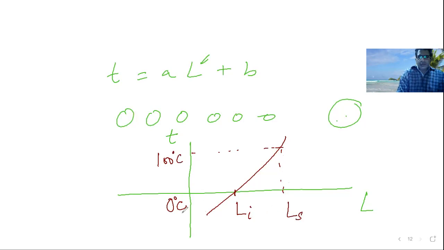Ls is the length of mercury column when the thermometer is in thermal equilibrium with steam point. Li is the length of the mercury column when it is in thermal equilibrium with ice point. This way we develop our mercury thermometer and define our temperature scale.